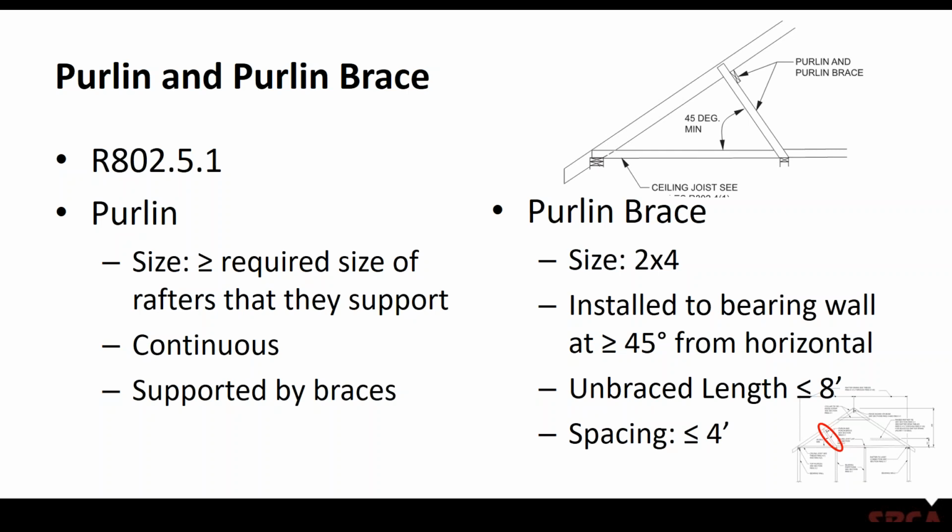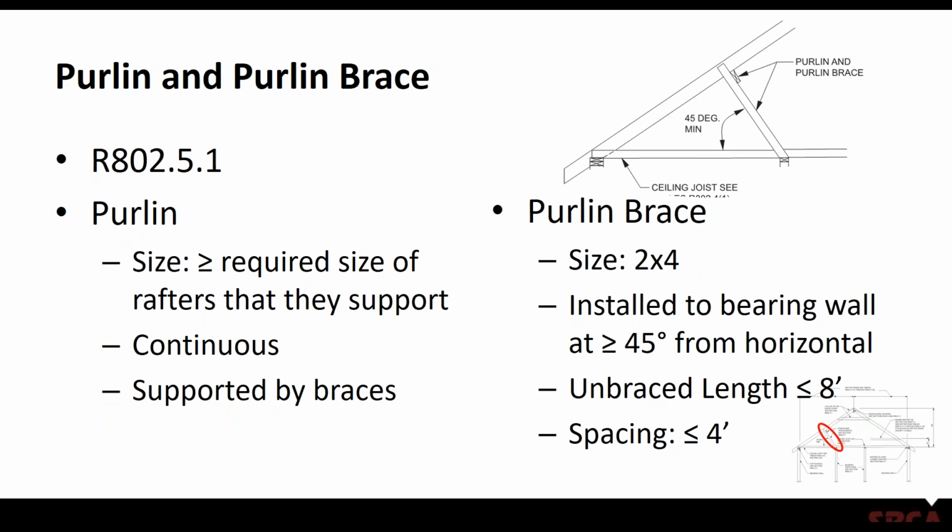Purlins and Purlin braces, again, what we're talking about now is we're providing support to the rafter, which then allows us to increase the size of the building, if you will, by limiting the span of the rafter. And these Purlin requirements, the size has to be greater than or equal to the required size of the rafter that they support.